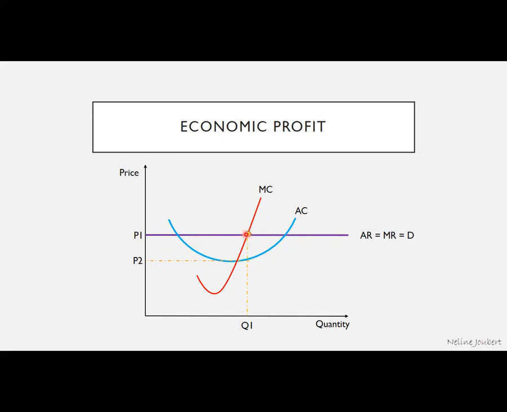Average revenue at this point is more than average cost at this point. I am receiving P1, let's pretend that's 10 rands, and at this quantity, it costs me 5 rand to produce. So the difference between P1 and P2 is known as my economic profit.